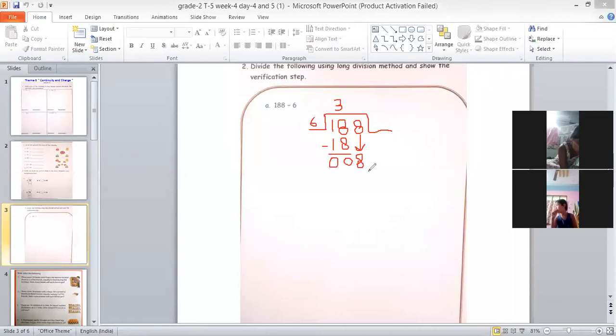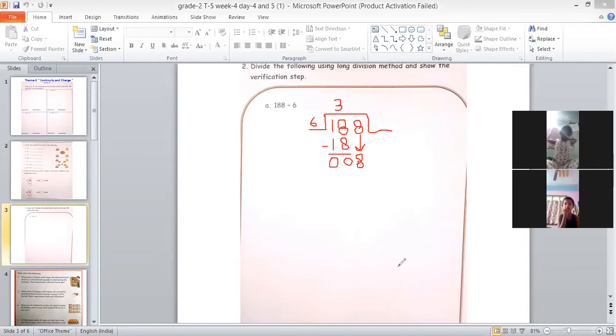Now we have to think of a number in the 6 table. First of all, we have to see, can we get 8 in the 6 table or not?